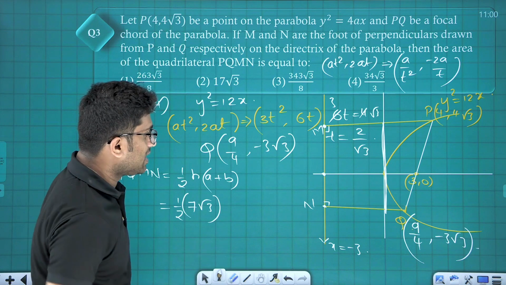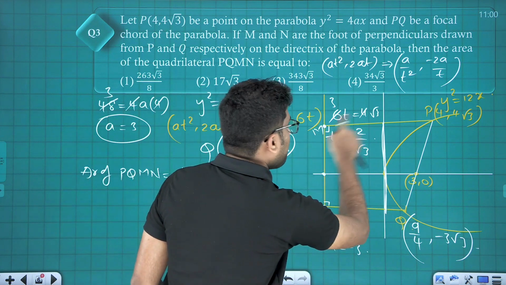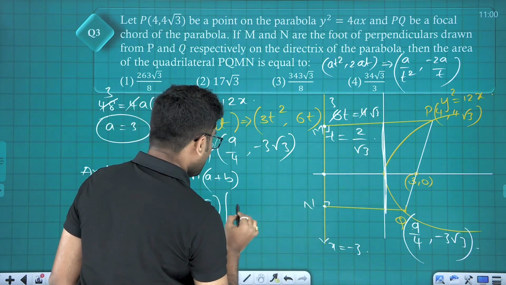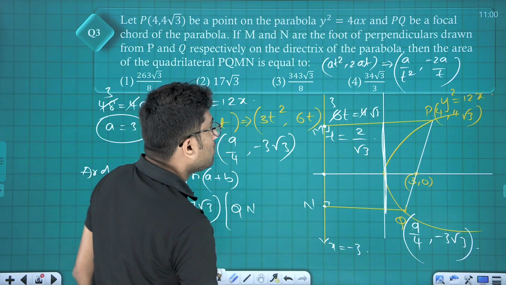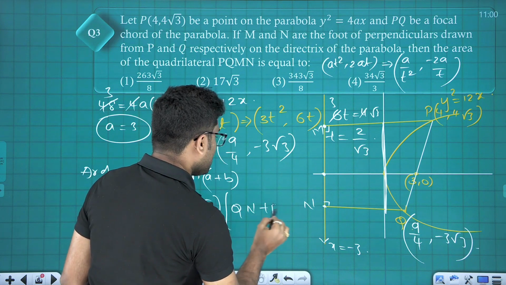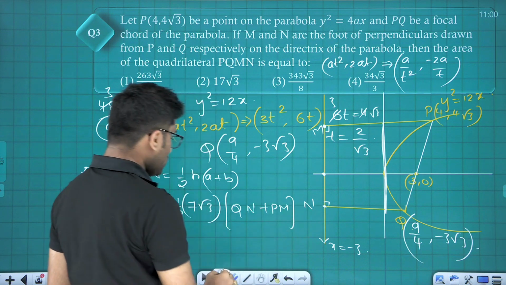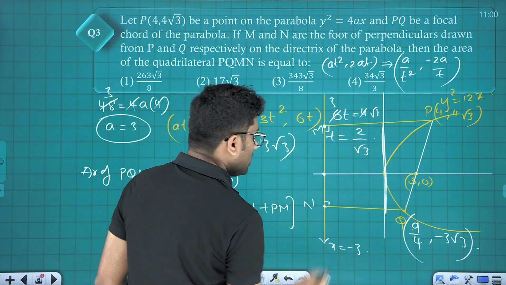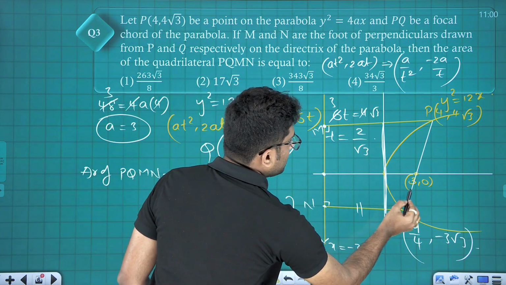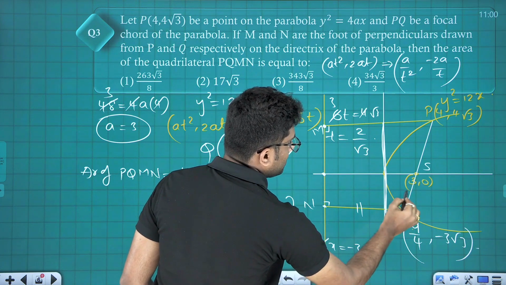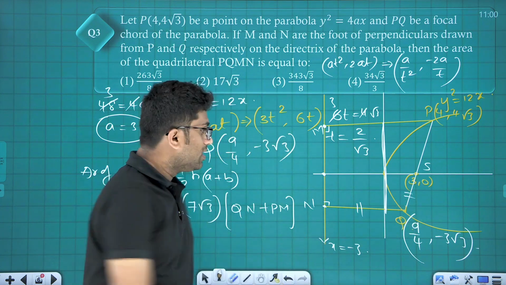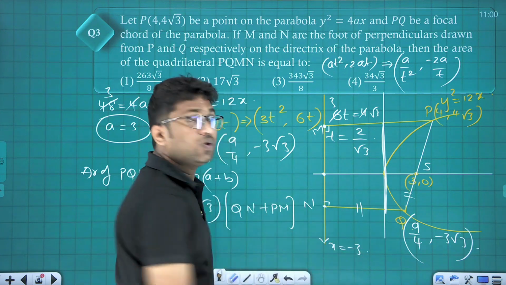Now a plus b is nothing but QN plus PM. One most important thing here: if this is S, QN will be equal to SQ. Why?